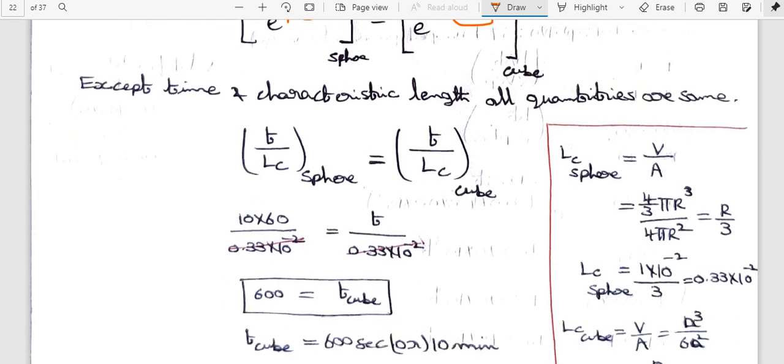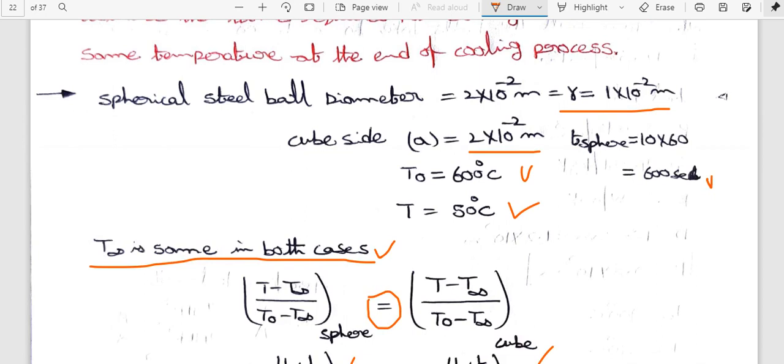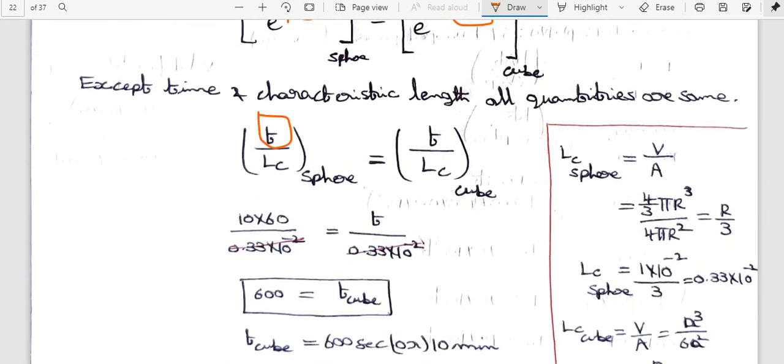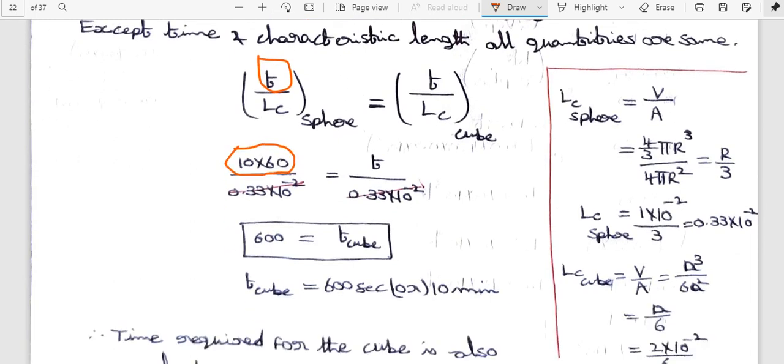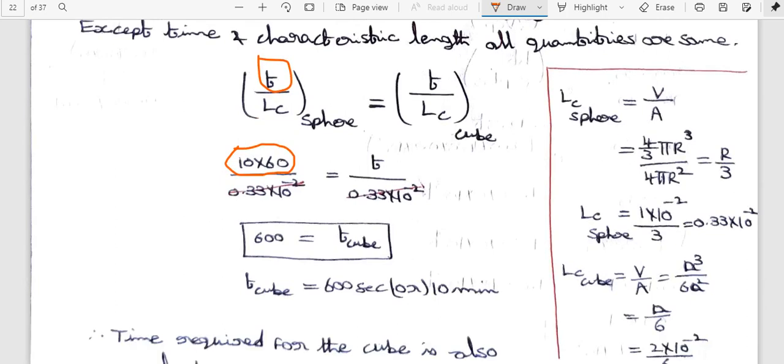So here what is T? For the sphere, time is given as 10 minutes. It is converted into seconds as 600. So now we need to substitute T is equal to 10 minutes into seconds, 10 into 60 seconds. And the LC value for the sphere is equal to R by 3. We know from previous problems what the volume and area are. After cancelling these terms, R by 3 is the LC value for the sphere.